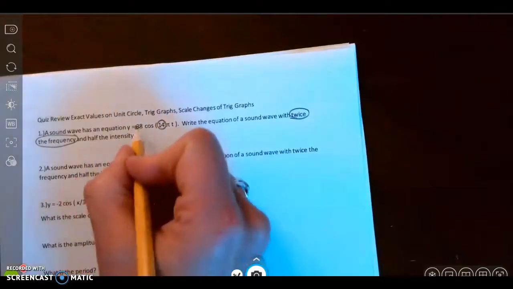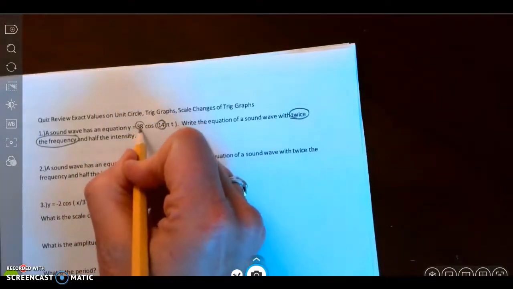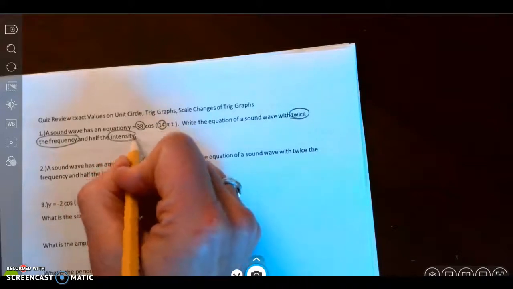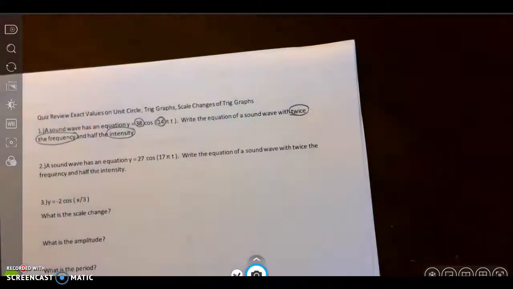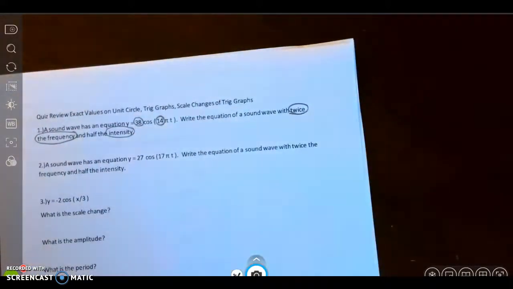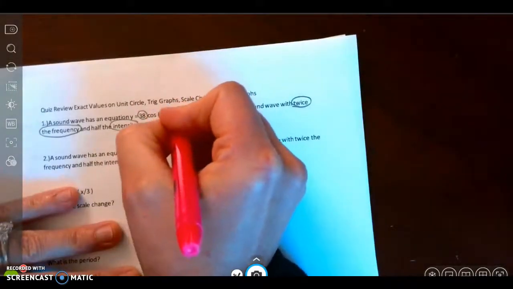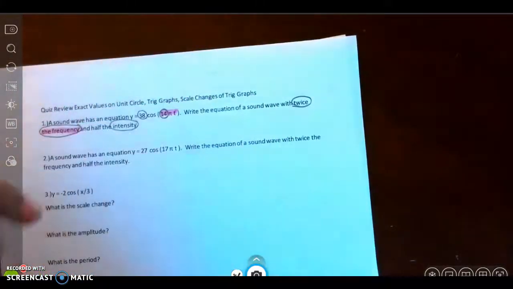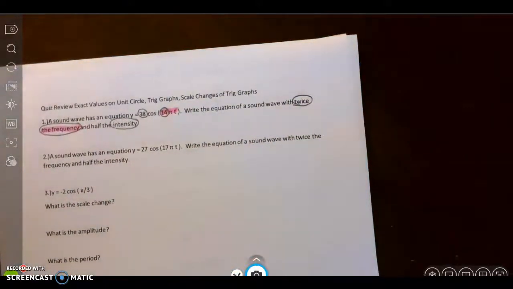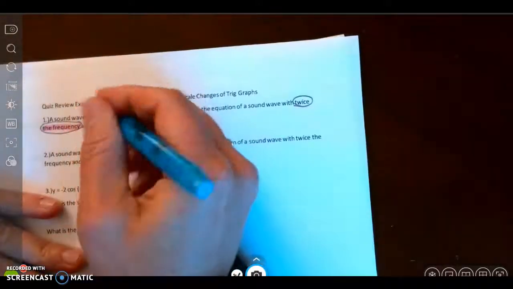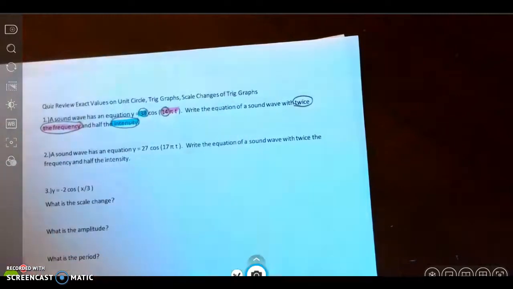And half the intensity, this right here, is related to the intensity. I'm going to highlight these so you can kind of see the difference in that. So this right here has to do with frequency. And this right here has to do with intensity.